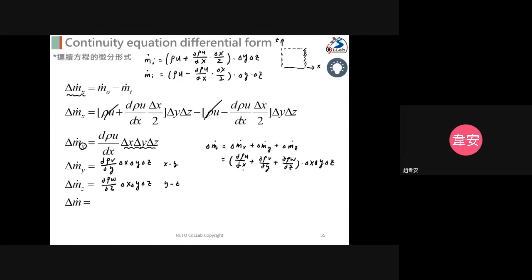If we look at these items, it's similar. We can rewrite it as a divergence. So this is equal to the gradient dot product the rho v vector, and multiply the delta x, delta y, and delta z. So this is for the final net outflow mass rate.